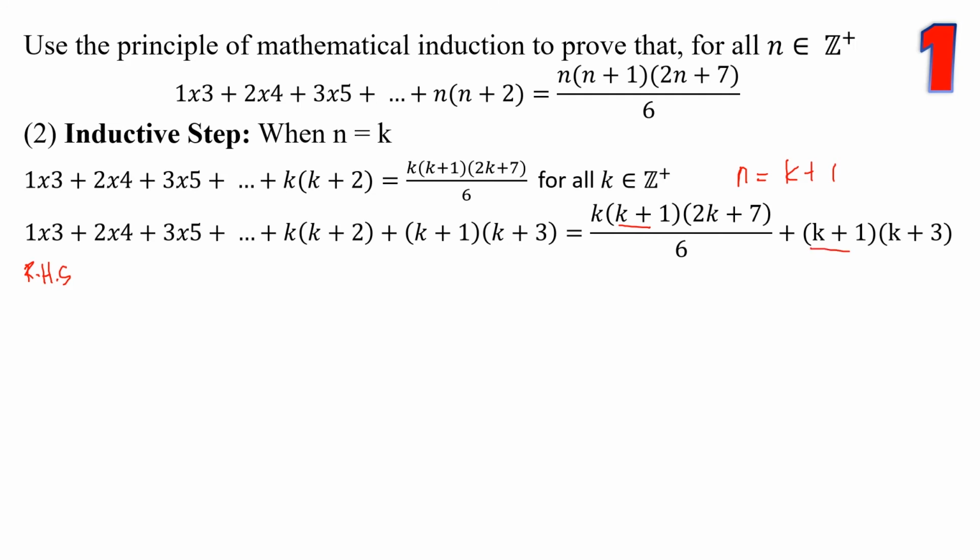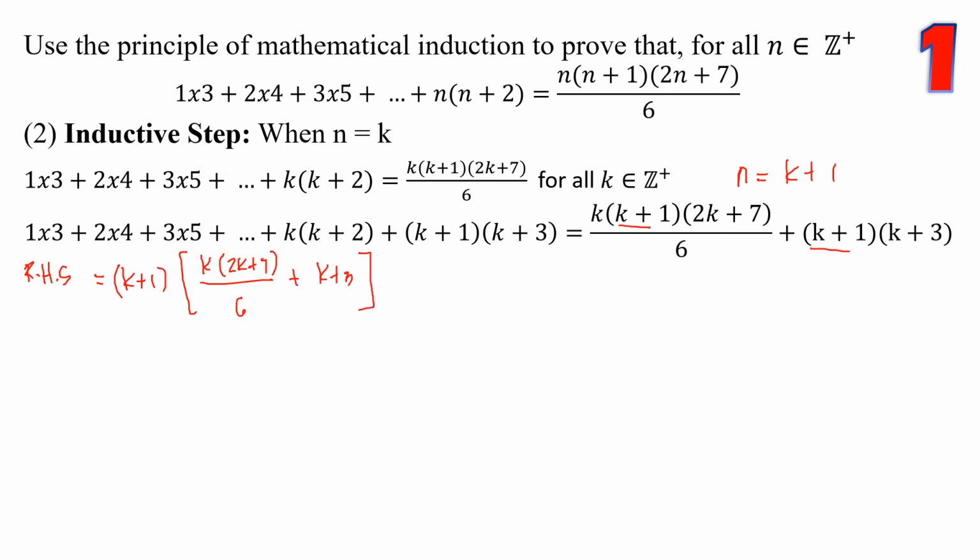So let us factor it out. We'll have k plus 1 times k times 2k plus 7 over 6 plus k plus 3.